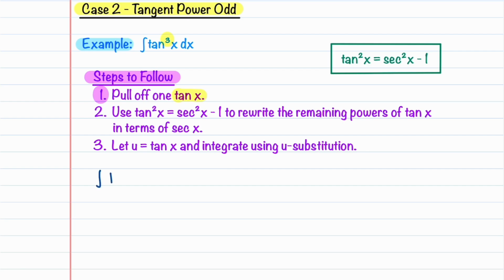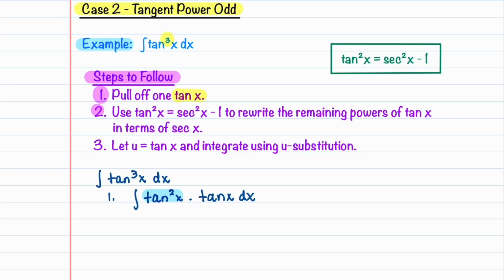We have the integral tangent cubed x dx. So our first step is to rewrite this, pull off one tangent x, so that leaves us with tangent squared x times tangent x dx. The reason that we're doing this is this leaves an even power of tangent, and we can rewrite that in terms of secant squared, and the derivative of tangent is secant squared.